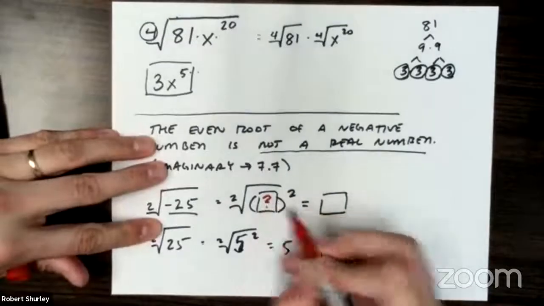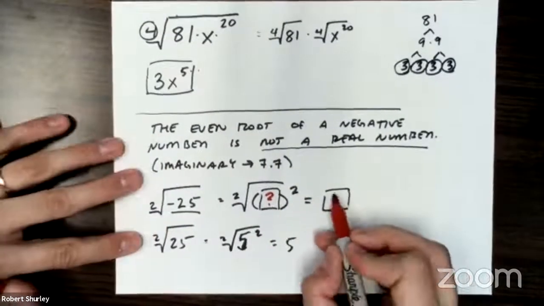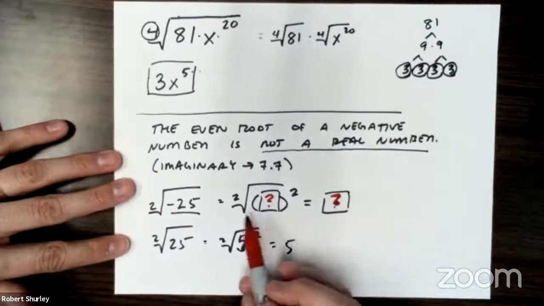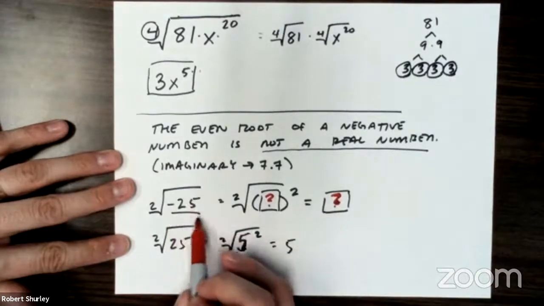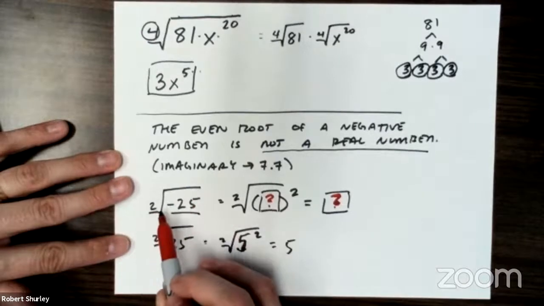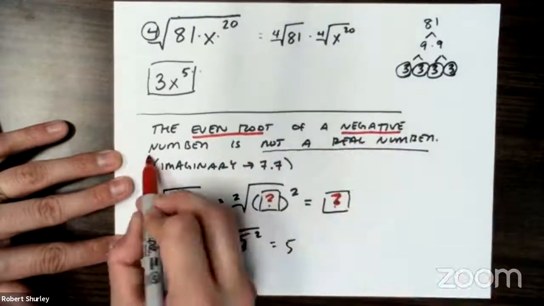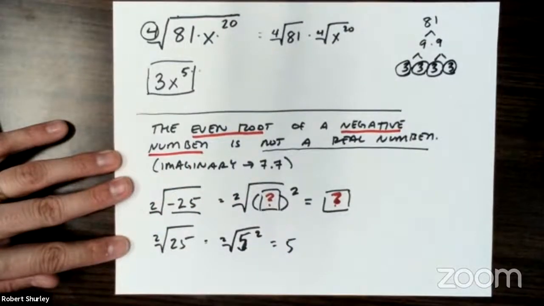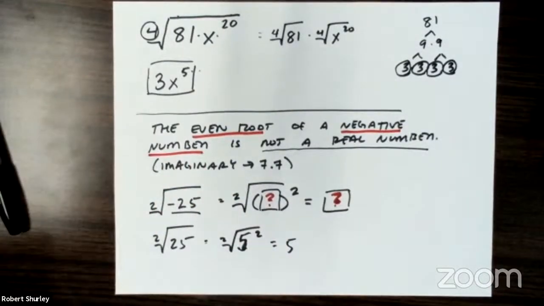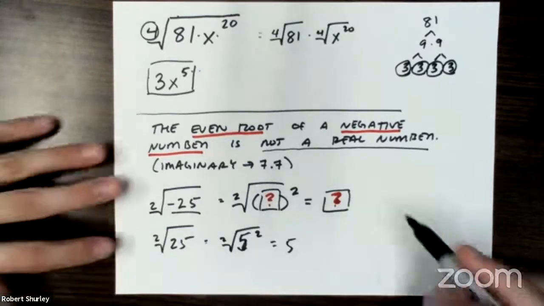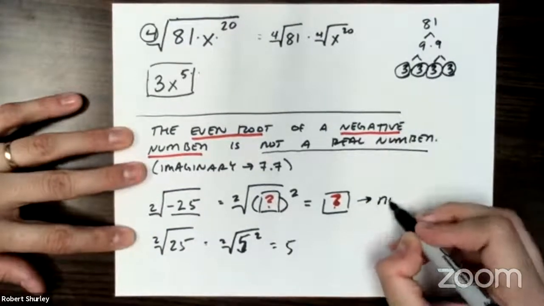Nothing's going to work if we have a negative under the radical and an even root. Even root of a negative number. So for now, for all the sections leading up to 7.7, we're going to say that this is just non-real.